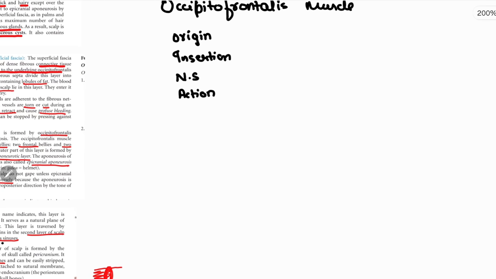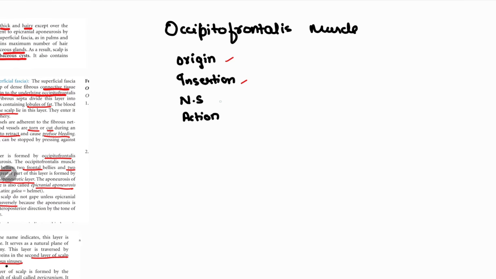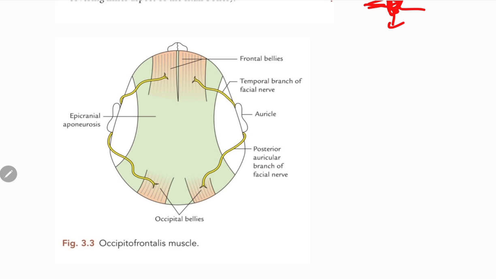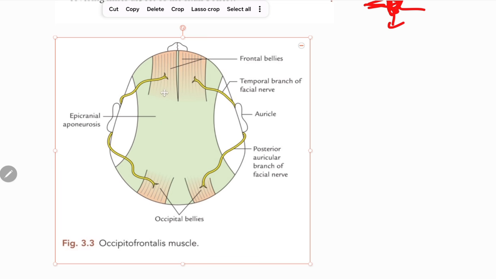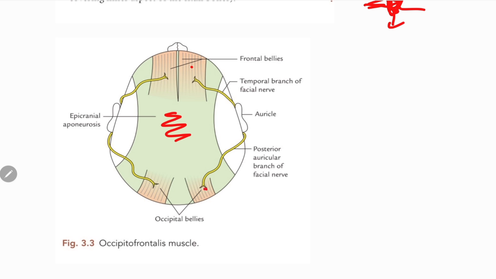Next, occipitofrontalis muscle. Its origin, insertion, nerve supply, action we will start. So this is galea aponeurotica. Frontal bellies and occipital bellies. Frontal bellies originate from galea aponeurotica and insert into the skin of the eyebrows and the skin of the root of the nose. I explained the occipital bellies wrong.